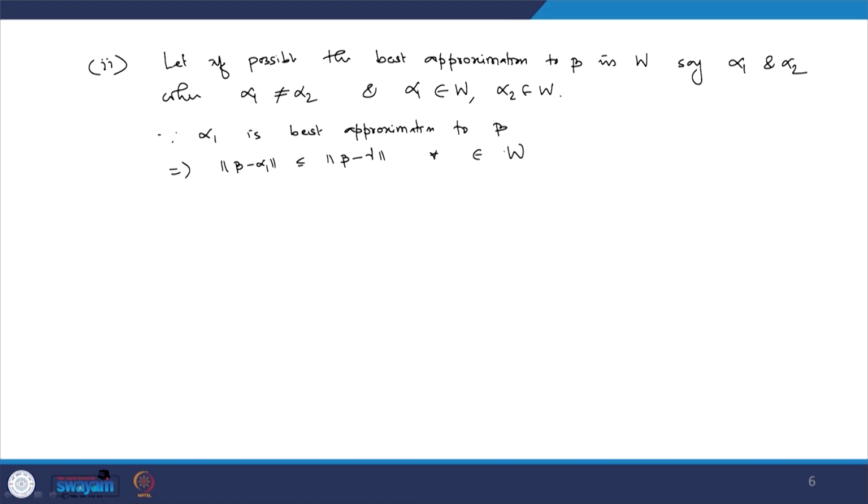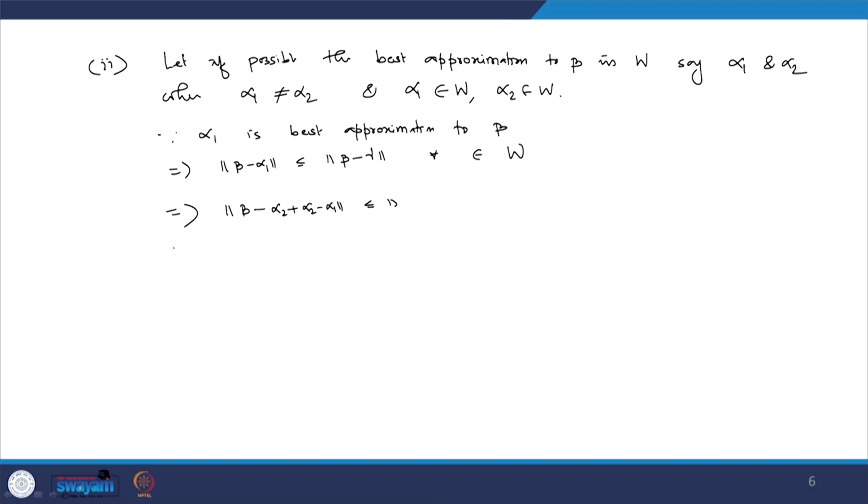Okay. So this implies norm of beta minus alpha 1, which can be written as beta minus alpha 2 plus alpha 2 minus alpha 1, will be less than or equal to this quantity.